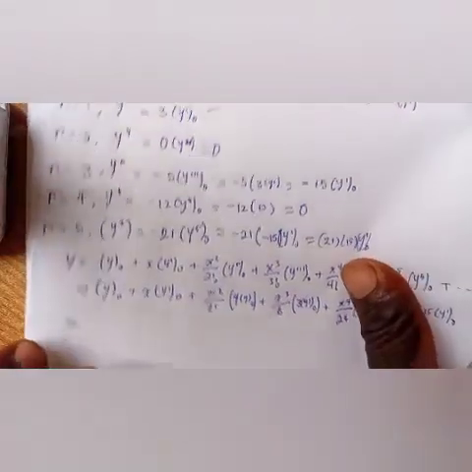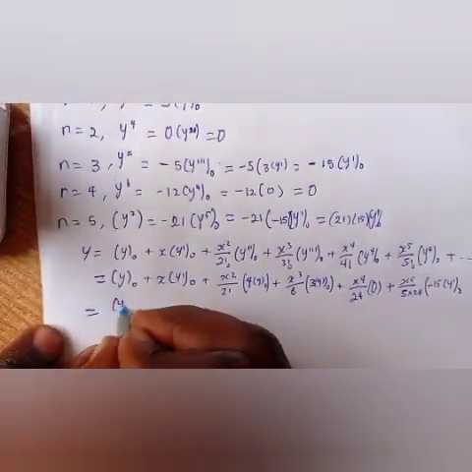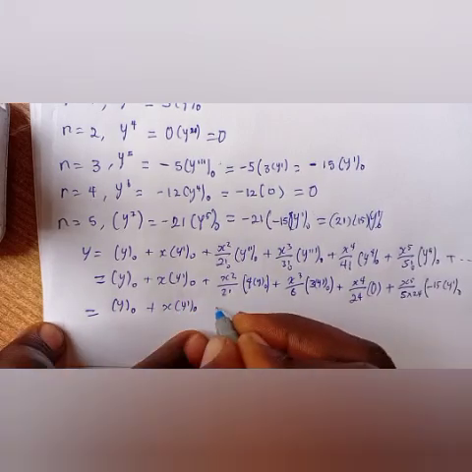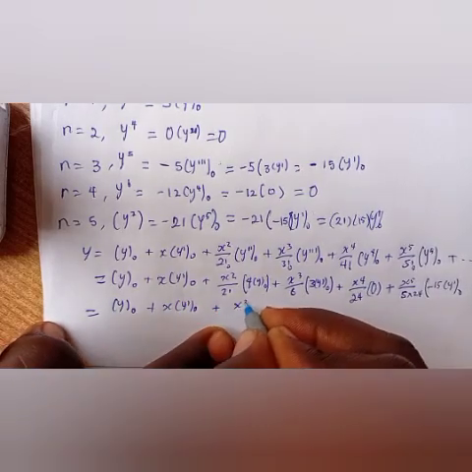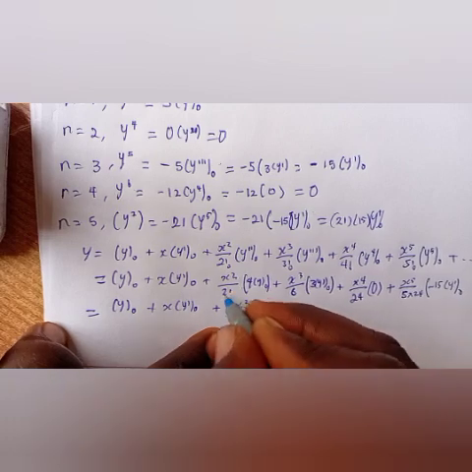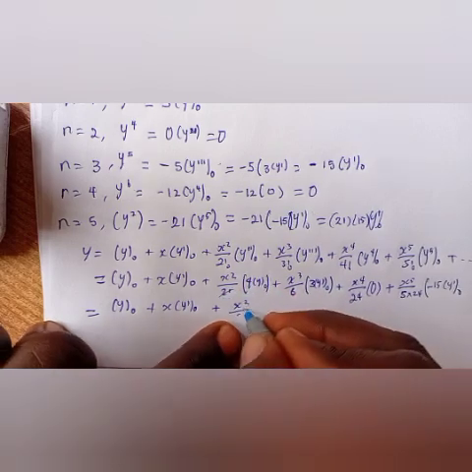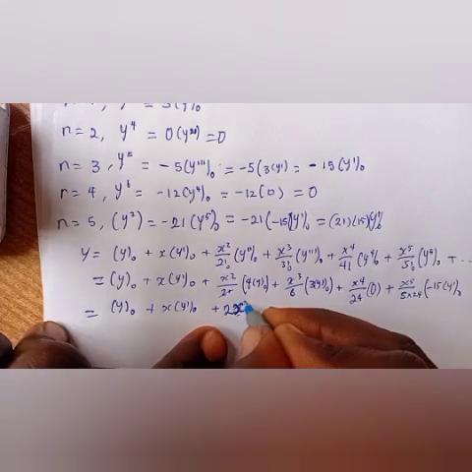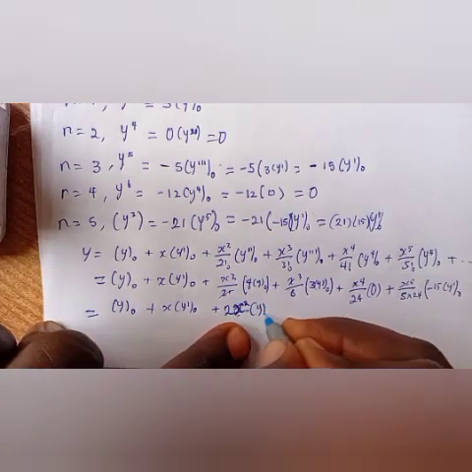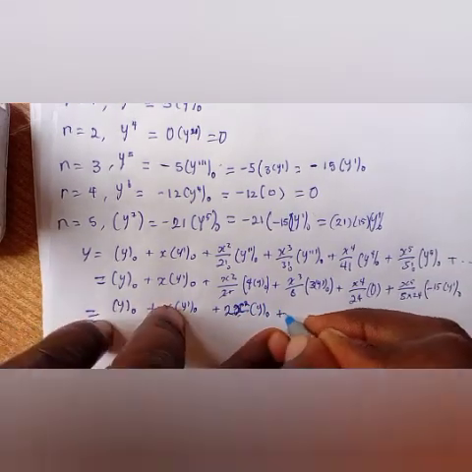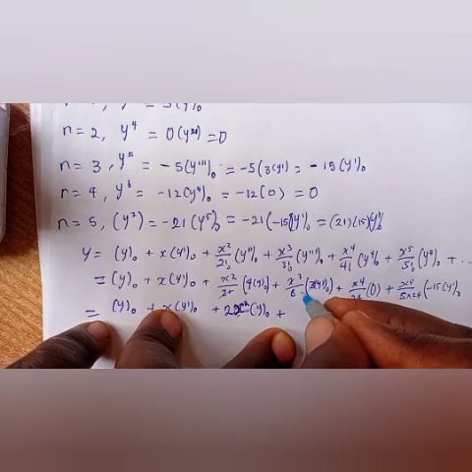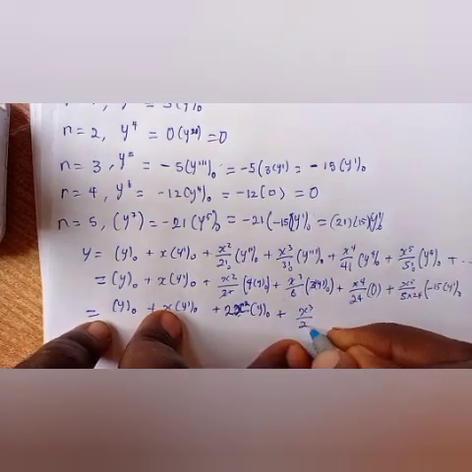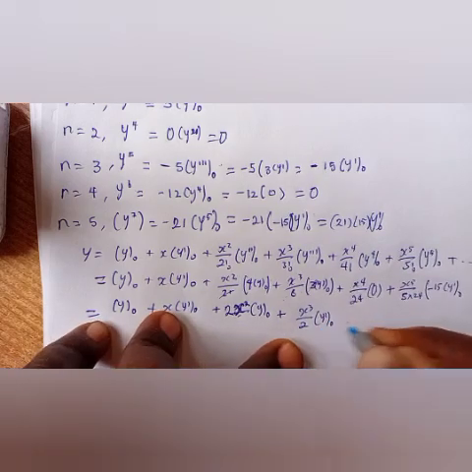Now here you're going to have y0 plus x y1(0) plus x squared over, no, this here 1, this here 2, so we have 2x squared y naught, plus 3 here 1, 3 here 2, so we have x cubed over 2 y1(0).